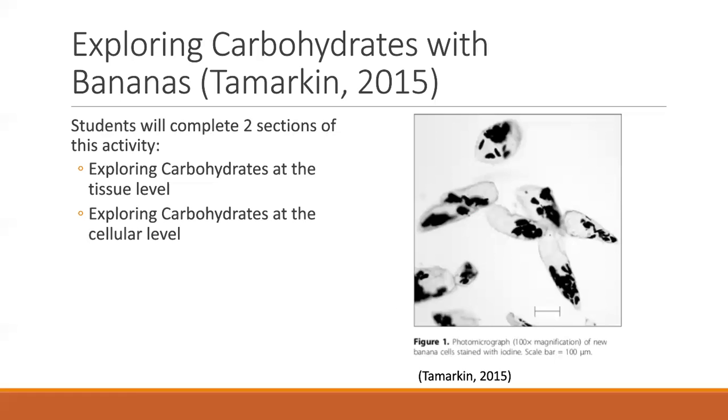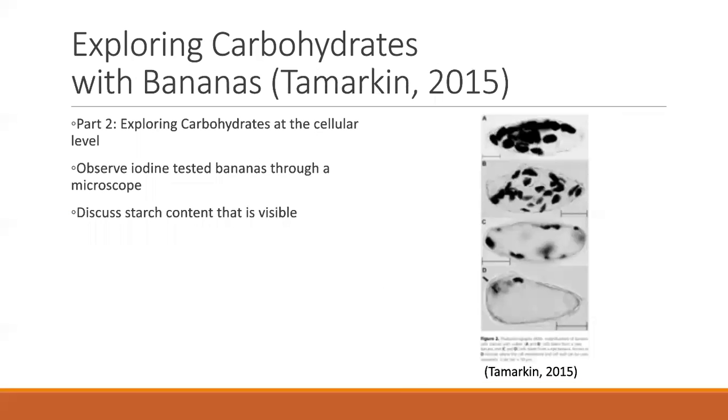After that testing is done, students are going to record their data and discuss the process of hydrolysis. By the end of that discussion, hopefully they're going to reach the conclusion that starch gets broken down into sugar, which is what made the ripe banana taste sweet and the not ripe banana not as sweet.